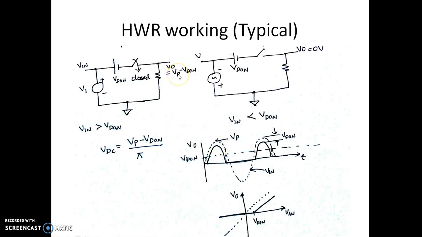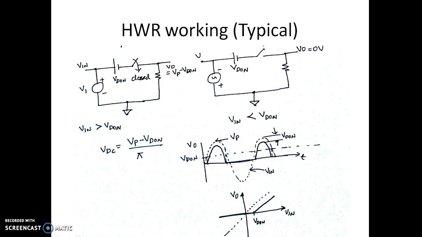That's what is here. This is at the peak, so usually it is V in minus VD on. That's why you can see it is always less than the input by the VD on value. During the negative half cycle it is still off. Again during the positive half cycle, when the input voltage is more than VD on, it turns on.